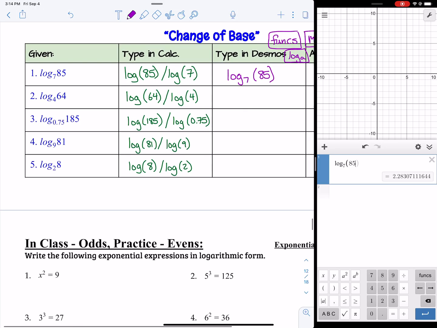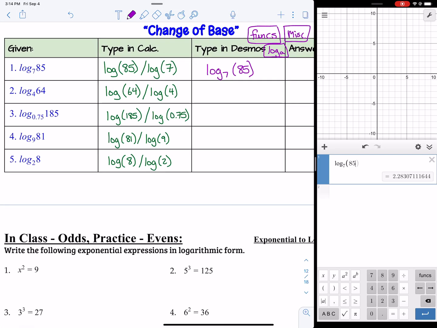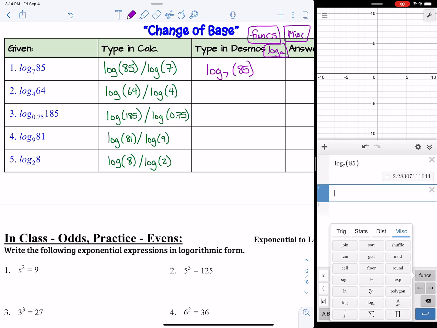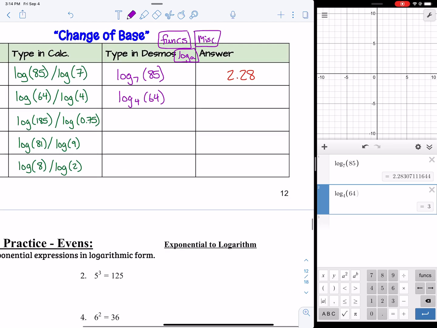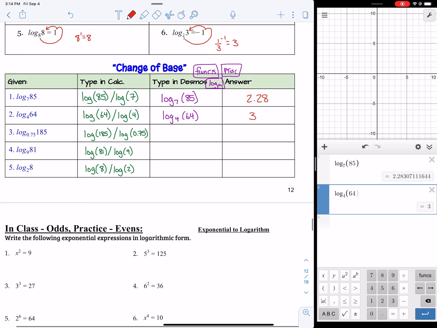Okay, so for the next one, we have log base 4 of 64. So let's type in functions, miscellaneous, log base A, and let's type in a base of 4, and then we're taking log of 64. So that is just equal to 3. So we can take log base 4 of 64, type it in Desmos, and we get a plain old good old 3.